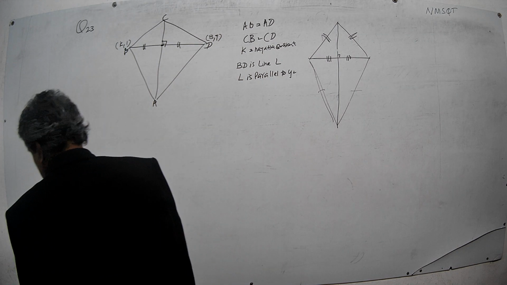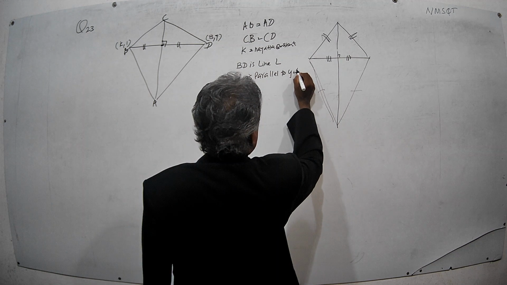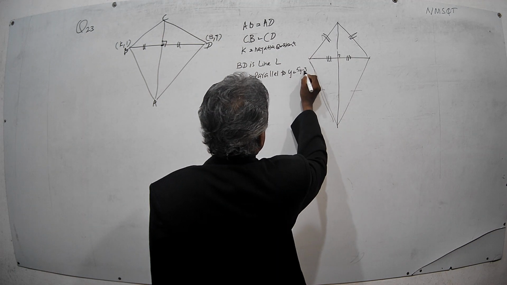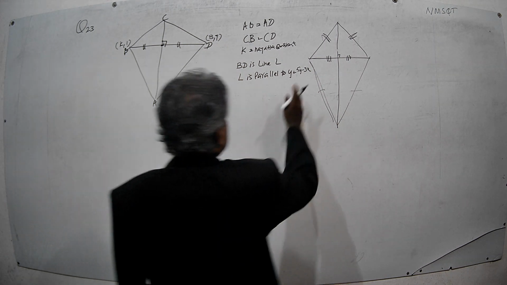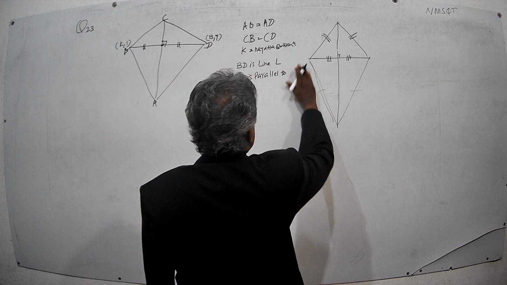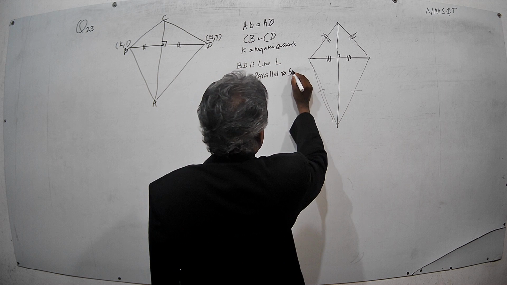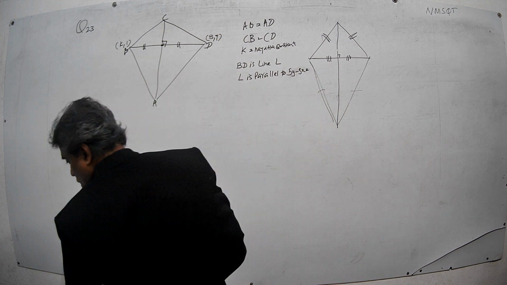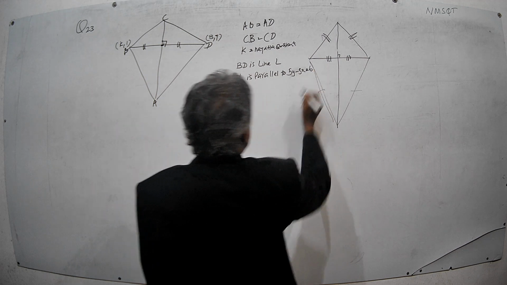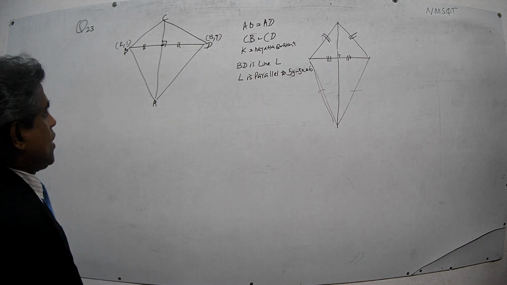So 5y minus 3x equals 6 is the equation of the line to which BD is parallel.